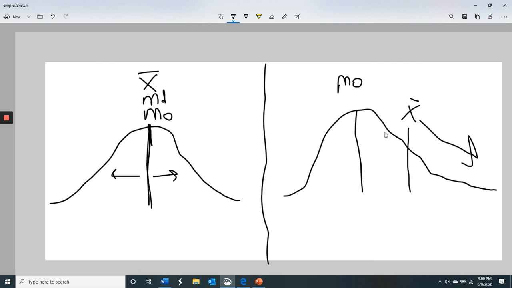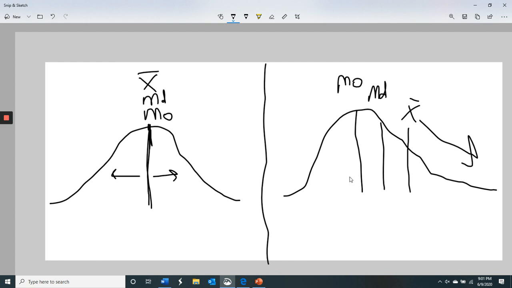So the median is the best, and the median is where 50% will be below, 50% above. And so the median will always be in the middle of the mode and the mean in a skewed distribution. And it's a good compromise, if you will.